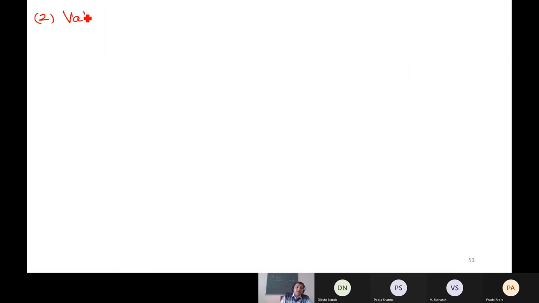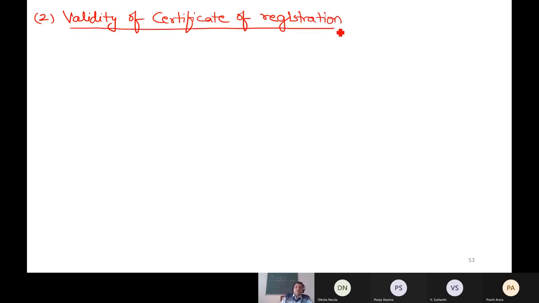Now, what is the validity of the certificate of registration? Normally the registration certificate is valid for lifetime, just like my PAN number is valid for lifetime.